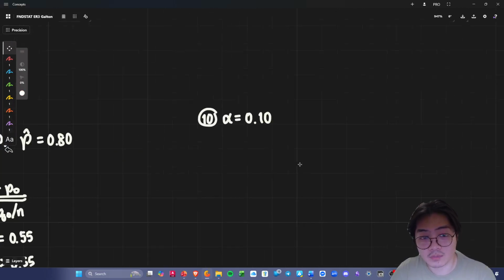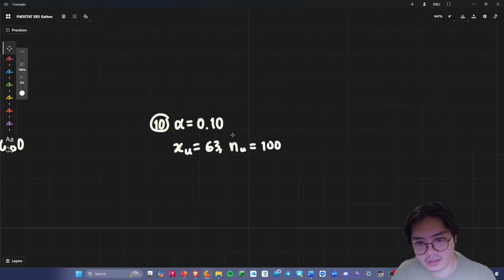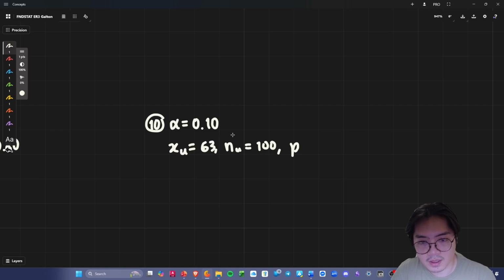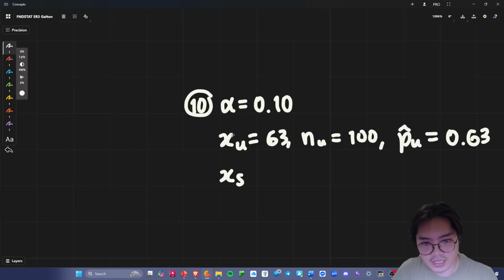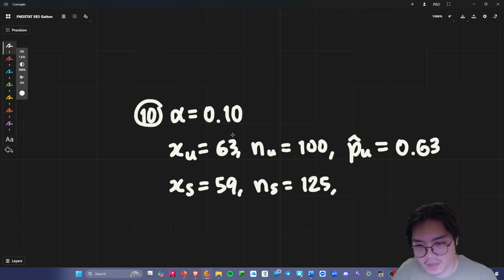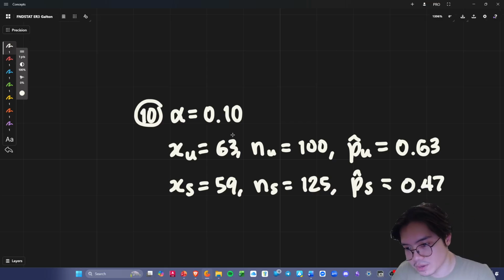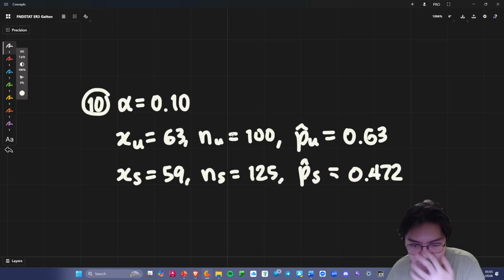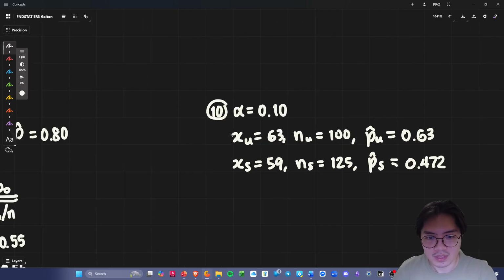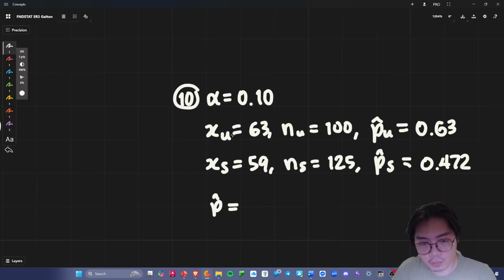For urban, x is 63, n is 100, so the proportion for the urban is 0.63. On the other hand, for the suburban, we have 59 out of 125, which means it's going to be equal to 0.472. Right now, we are seeing that there is a difference, or rather, that's what I can see. We can also have this pooled proportion.